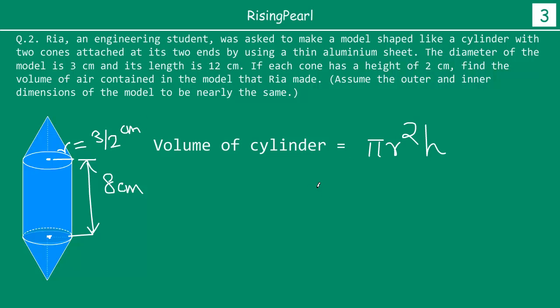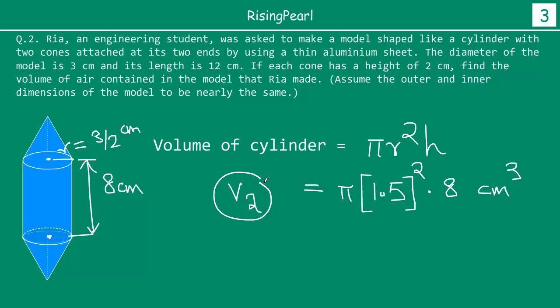So we can simply plug the values in: pi times 1.5 square times 8 centimeter. So it will be this much centimeter cube. Let's say this is V2, right?